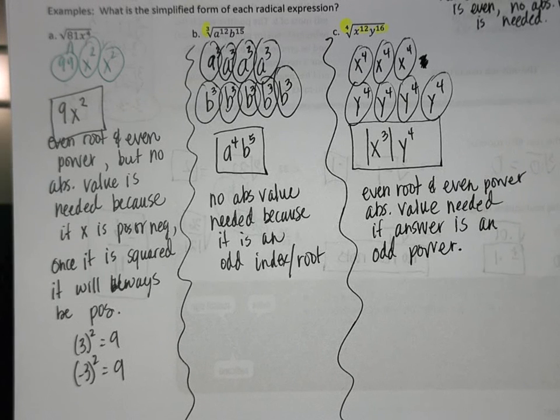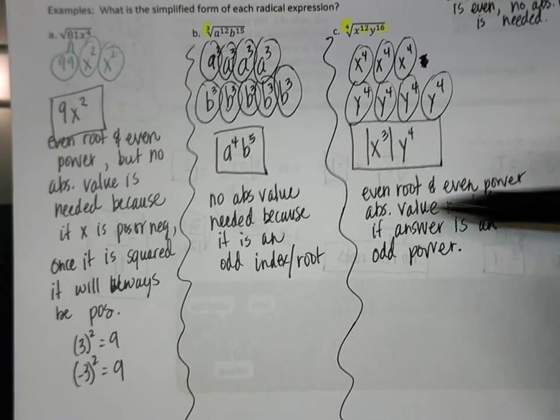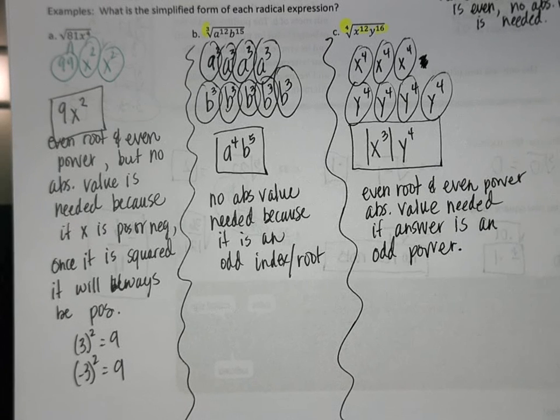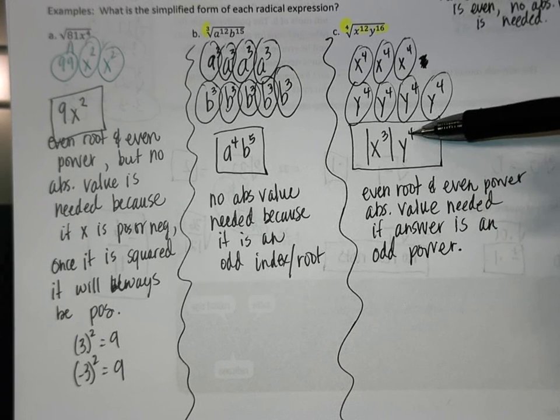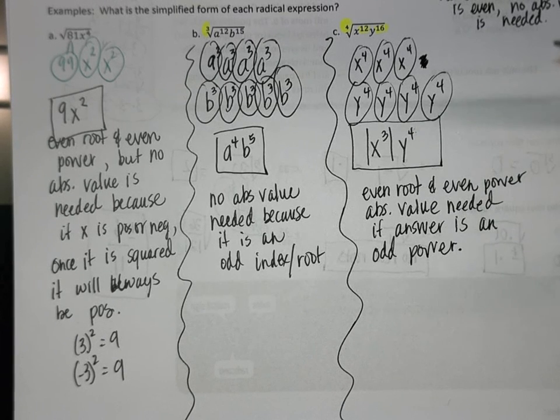So even root and even power, absolute value needed if answer is an odd power. Does that make sense? Do we need to write more than that? Is that okay? We don't need absolute values here because this one has a fourth power, which would always end up being positive. Okay, questions?